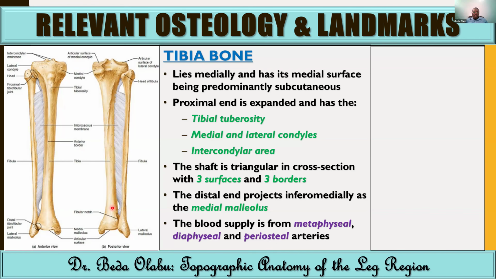The distal part of tibia is largely related to tendons as opposed to fleshy muscle components. Now, because of that, the periosteal arteries to tibia are predominantly proximal. And so the distal part of tibia has scarce periosteal arteries, if any.